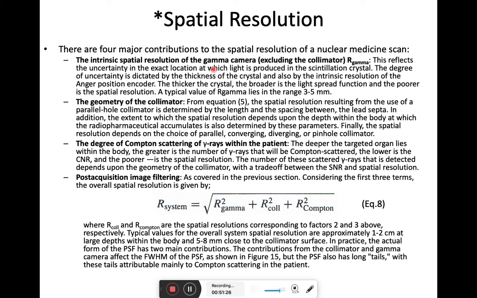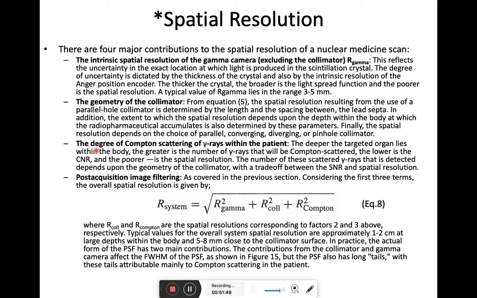Basically, there are four major contributions to the spatial resolution of a nuclear medicine scan. The first factor is the intrinsic spatial resolution of the gamma camera, which excludes the collimator. The second is the geometry of the collimator.